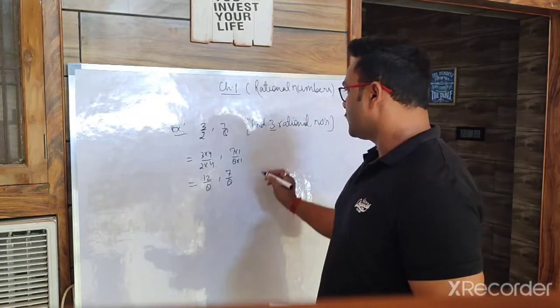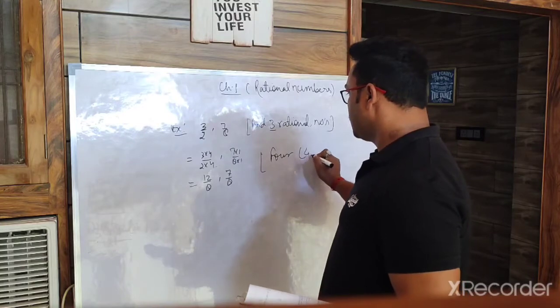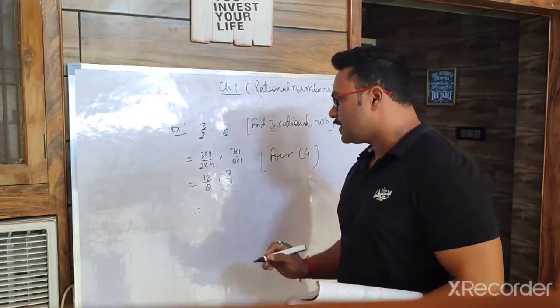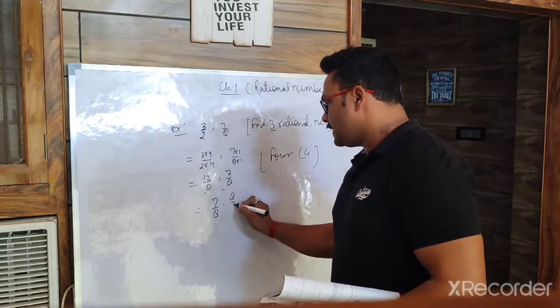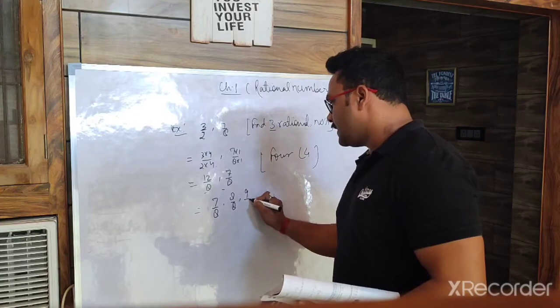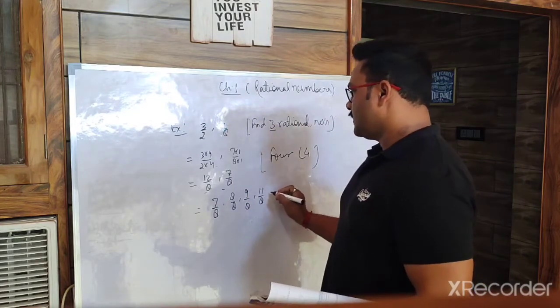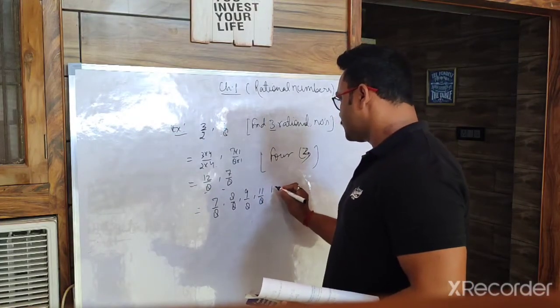From here, suppose we want 4 rational numbers in between. The denominator is already converted, so we can take 8 by 8, 9 by 8, 10 by 8, 11 by 8.